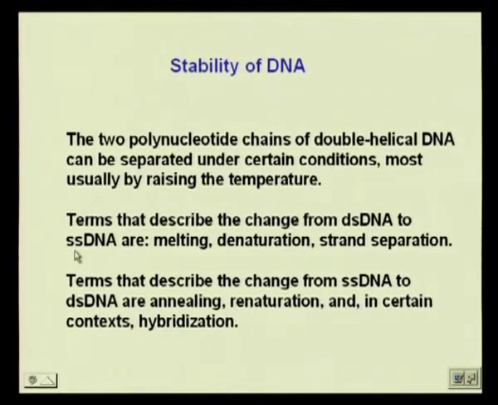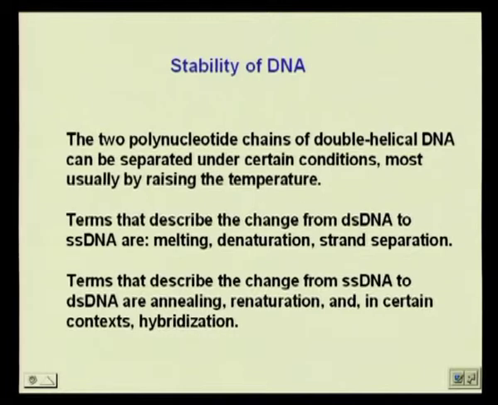Okay? And suppose we add such an agent that is going to disrupt all hydrogen bonds, what is going to happen? The chains are going to separate. So, we are going to go from dsDNA to ssDNA. Okay? So, we have the strands hydrogen bonded, separated. The terminologies that we are going to see are melting, denaturation, strand separation.